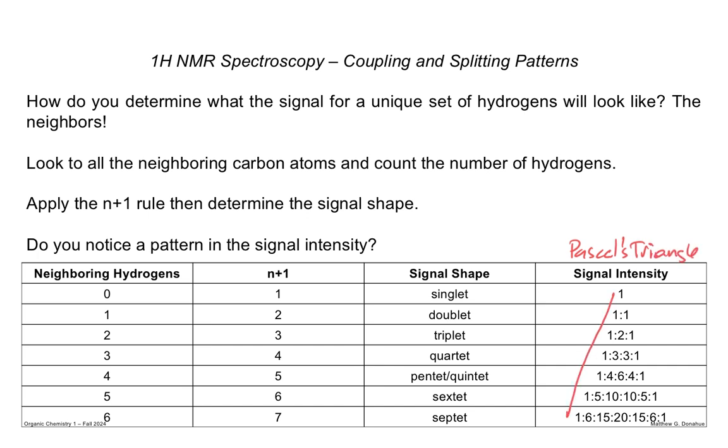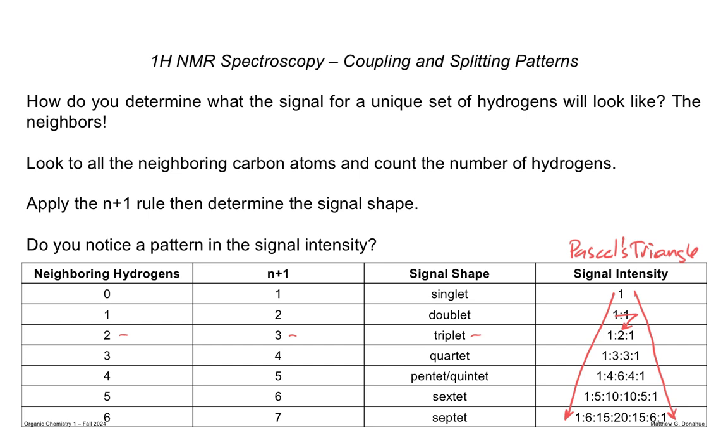Basically the edges are always 1. For example, when you get into 2 neighbors, now you have 3 lines, so you have a triplet. The 2 comes from 1 plus 1. As you go down the rows, you go back to the prior row and add the digits moving across the line.